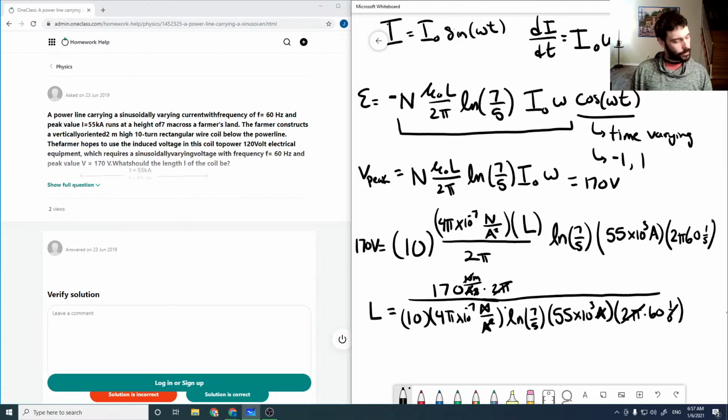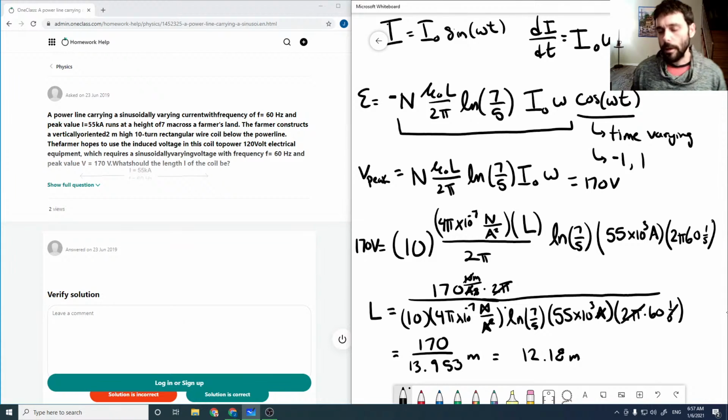And then if we run this all through on our calculator, we would get 170 over 13.953 meters, which is 12.18 meters. And so there we go.